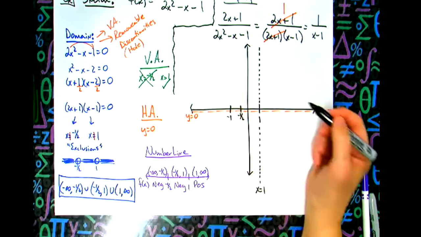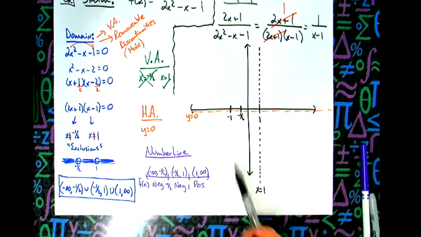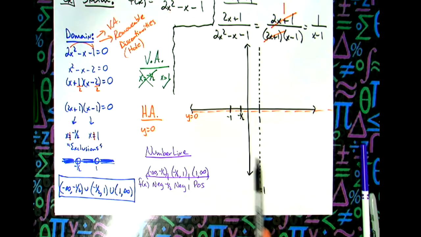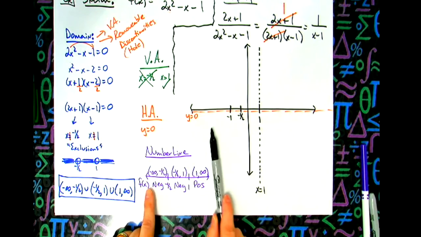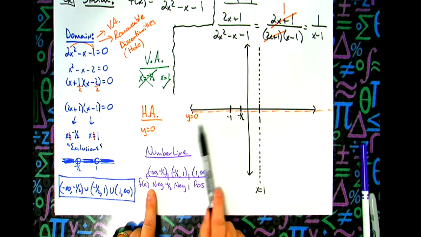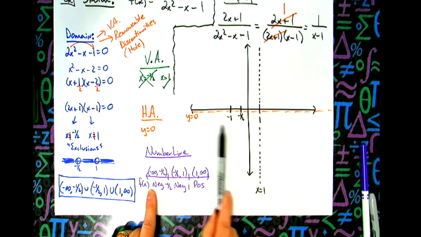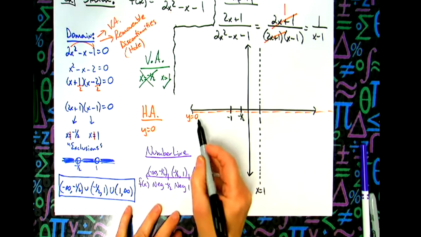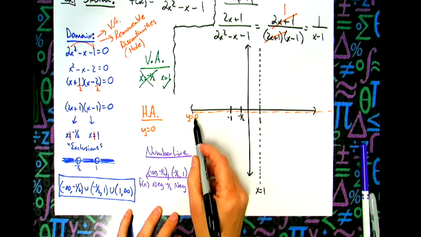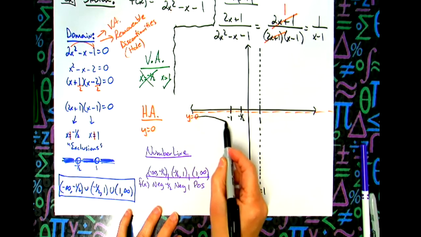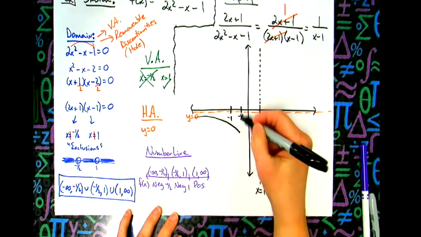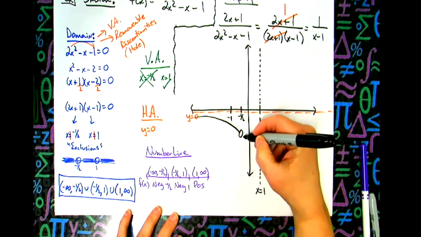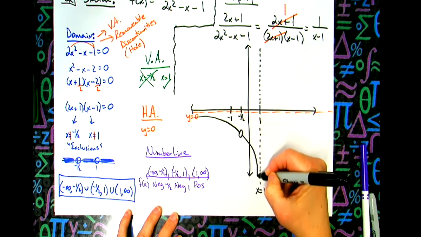Now, I know I have to hug this asymptote, and we've already concluded that it's got to be negative in this whole entire section. So I'm going to hug here, but when I come down to negative 1/2, there's where my hole is. And then it's still negative, and it's going to hug here.